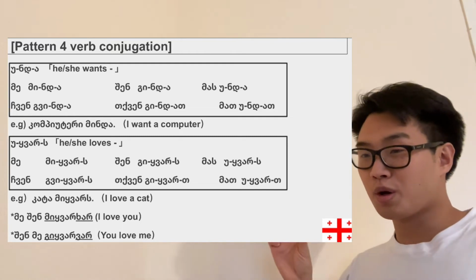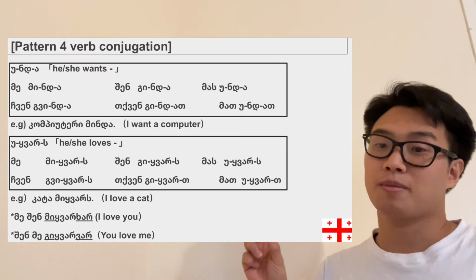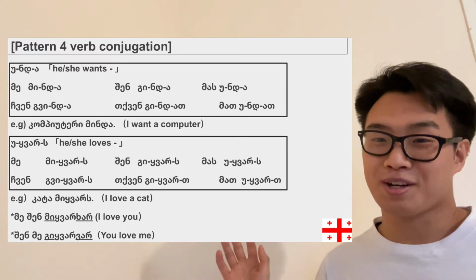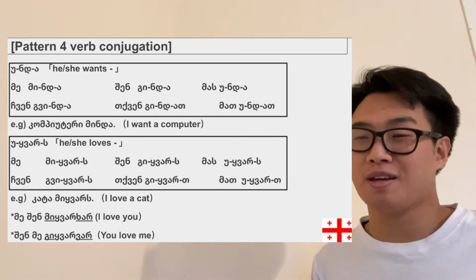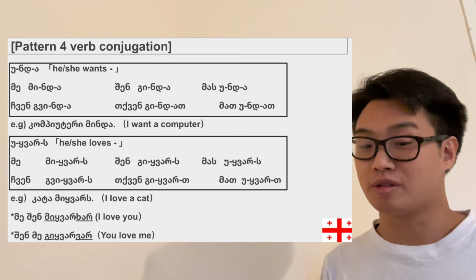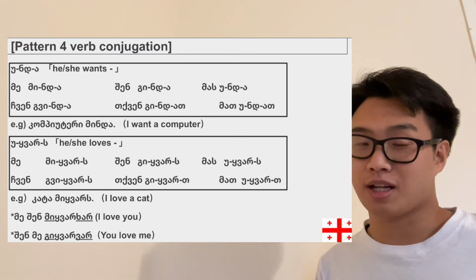So in this video, we learned only about the third person cases, but things get more complicated when we want to talk about first person or second person using this pattern for verb conjugation.